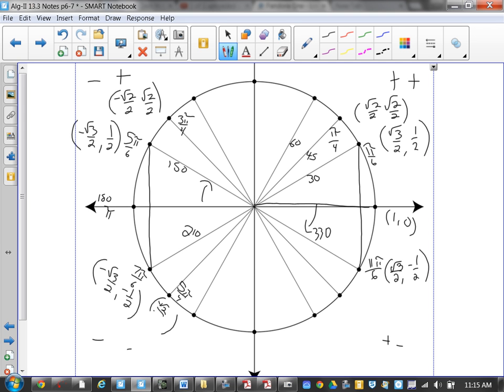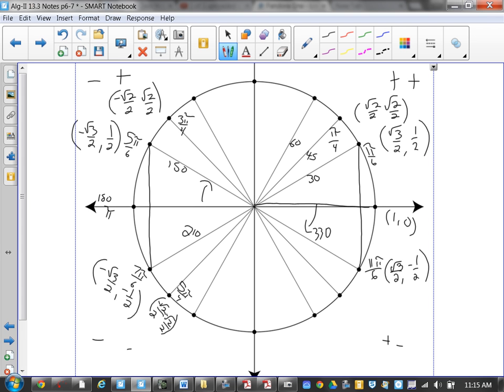And they're both negative. When you're looking for the cosine, if you're at the cosine of 45, the cosine of 45 is 1 over root 2.